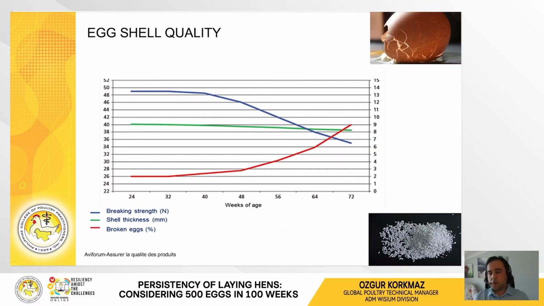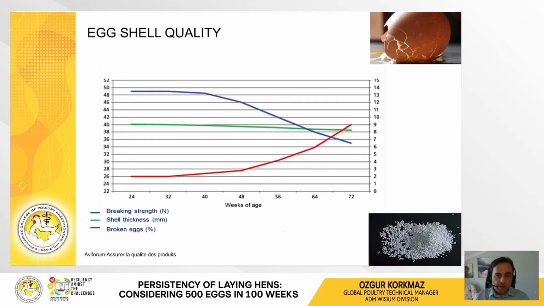Eggshell quality is another important point to get maximum egg numbers, especially salable eggs. Eggshell quality should be managed very well as they are getting older, especially after 40 weeks of age. Breaking strength is decreasing, and also shell thickness, especially after 40 weeks, and broken egg percentage increases after 40 weeks of age.